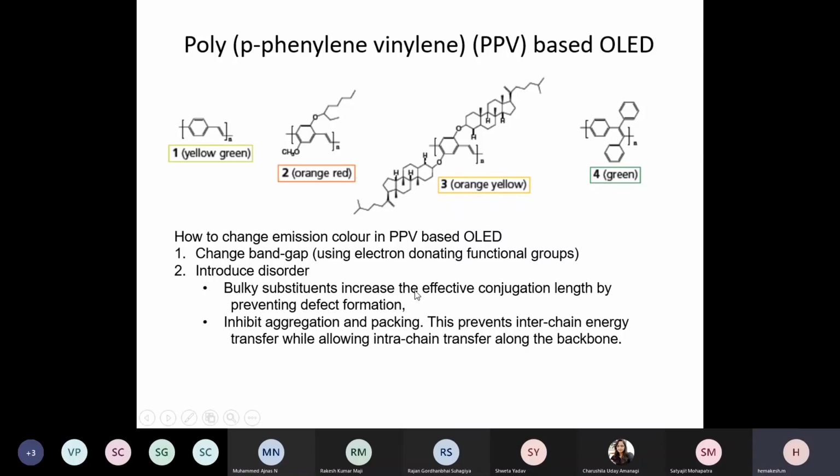Bulky substituents, there is something called an effective conjugation length. So that modulates that. I didn't want to mention that. And it also modulates how quickly the structure can aggregate and form clusters. So that also plays a part in both the charge carrier mobility and the band gap. So unusual structures can have a drastic effect.